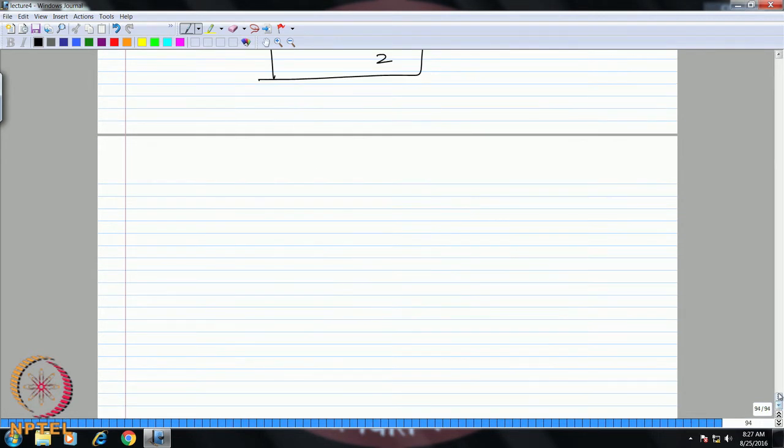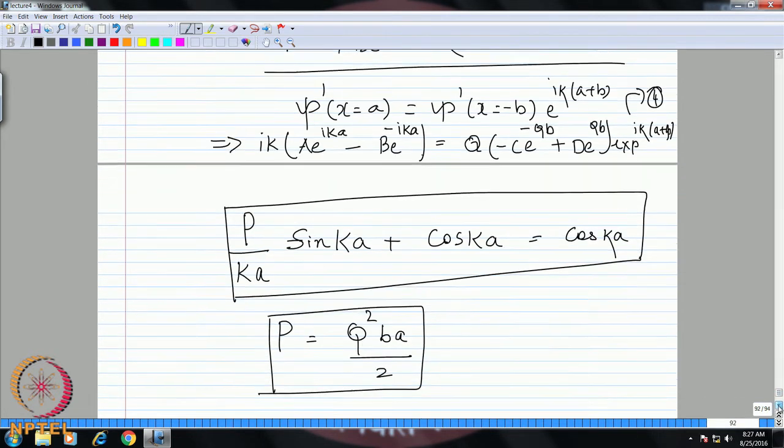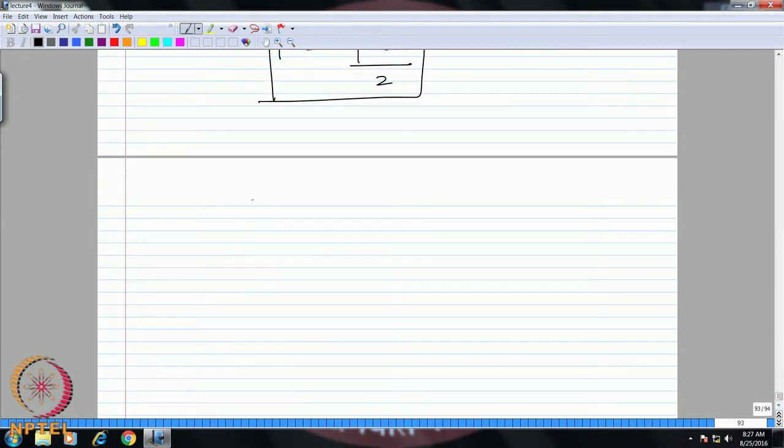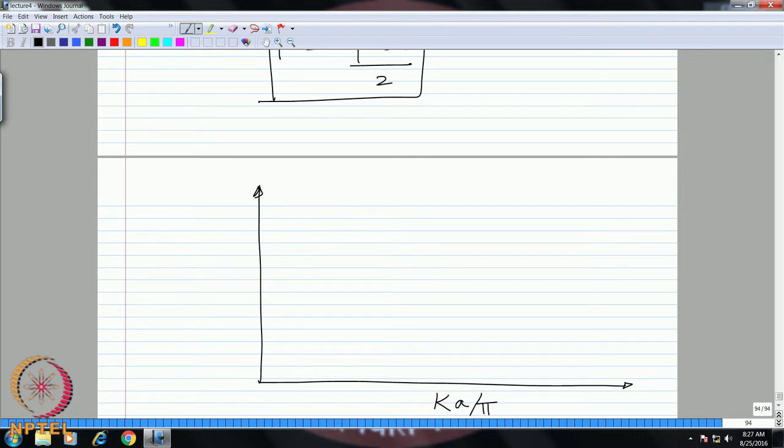So, now if you plot this, how do we find the solution? By plotting we can get the roots of this equation. We can plot on the x axis capital K A by pi. This is some kind of non-dimensional wave number.